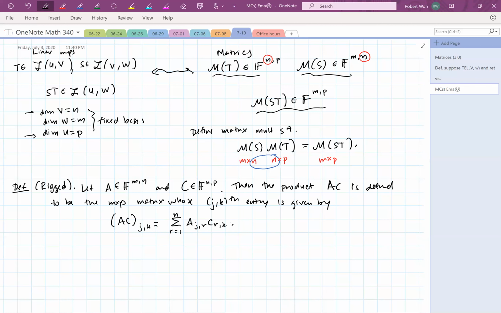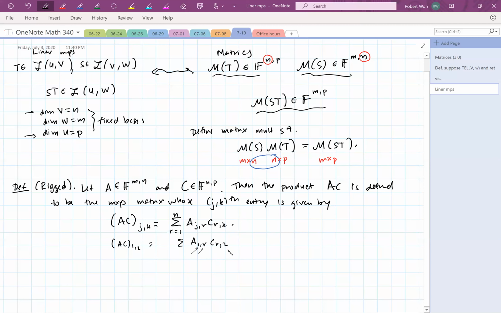So what are you doing? If you want to know the entry, say in the first row and the second column, you look at all of the A_{1,r}s and all of the C_{r,2}s, and you add them up. This is just an example for the 1-2 entry. Here, you're fixing the first row of A, and you're going along every entry in that row.